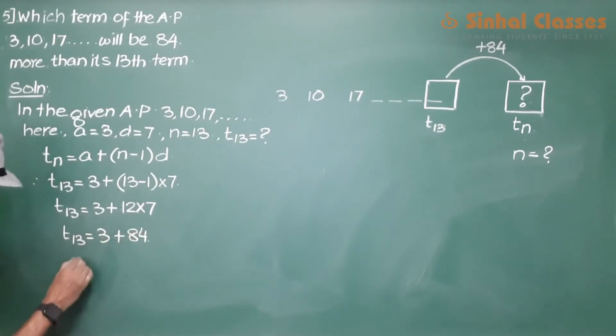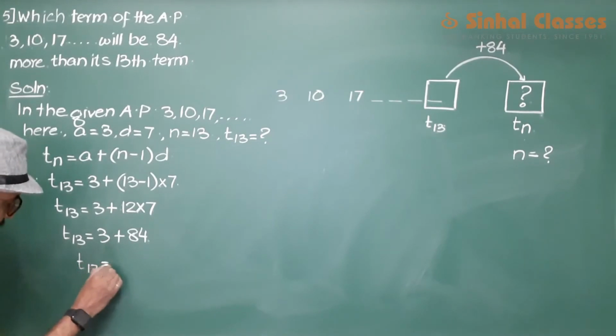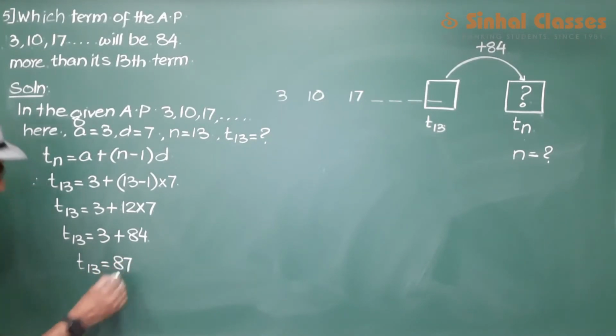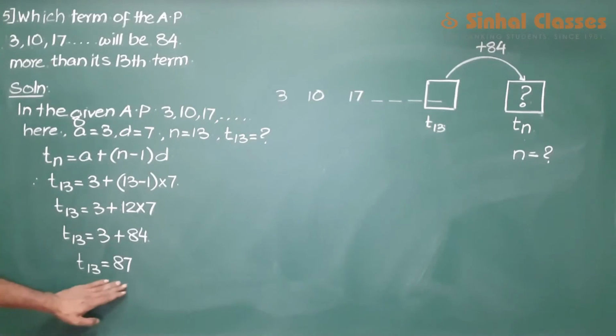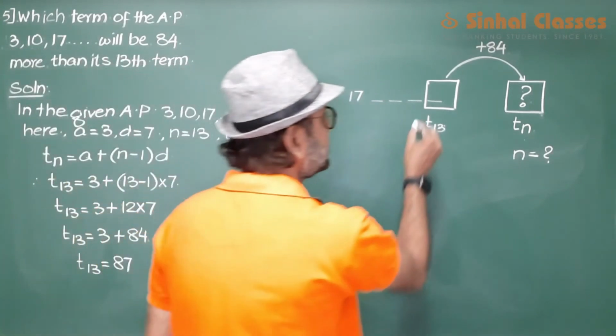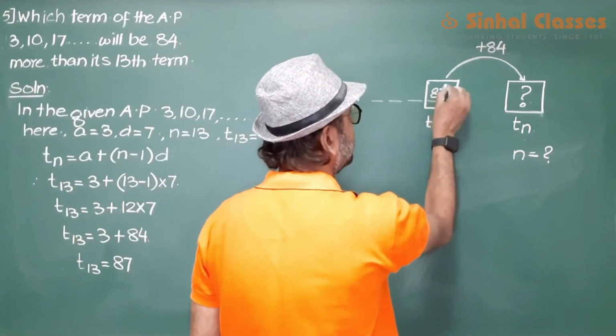So the 13th term is 87. So we have got the 13th term as 87.